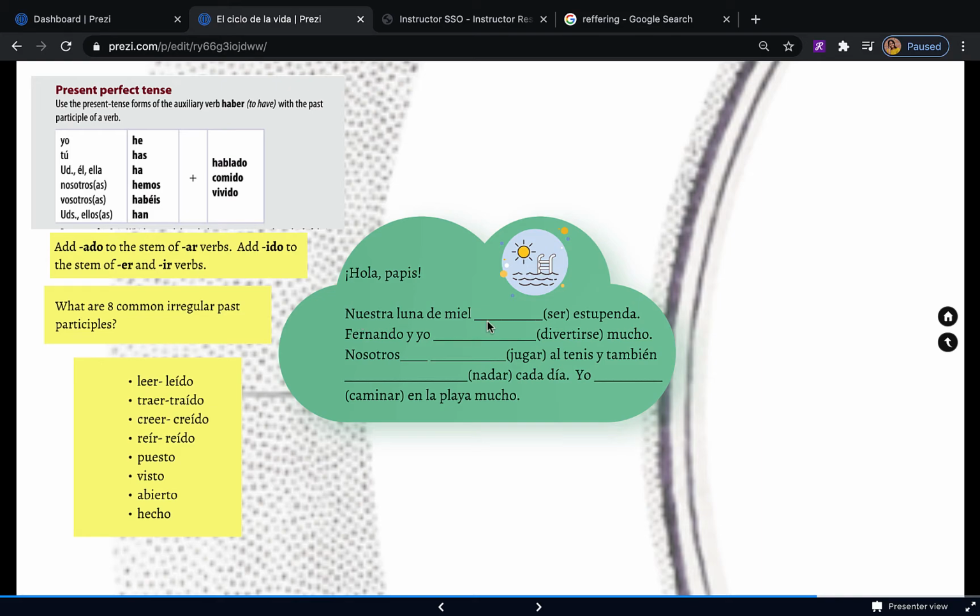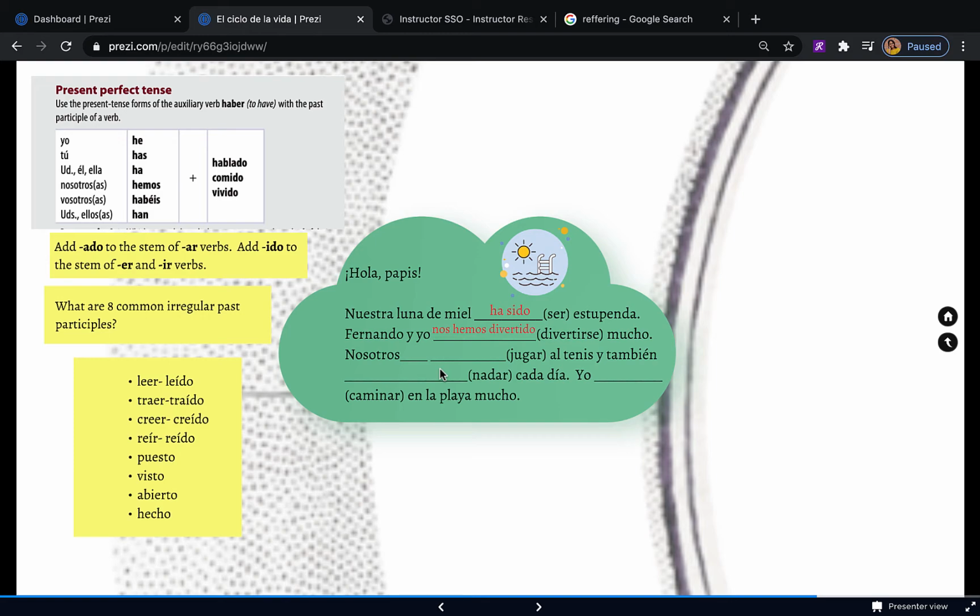Okay, nuestra luna de miel, our honeymoon, ha sido estupenda. Fernando y yo, Fernando and I, so we, right? Nos hemos divertido mucho. That's a reflexive.